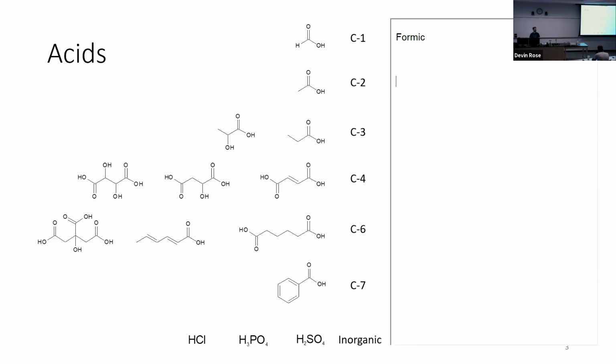C2 acid, what's this one? Everyone should know that one, yeah. Okay, good. Now we get to the 3-carbon acids. Anyone know what either one of those two are? By the way, anyone listening online, I do have the chat open if you want to answer some of these questions.